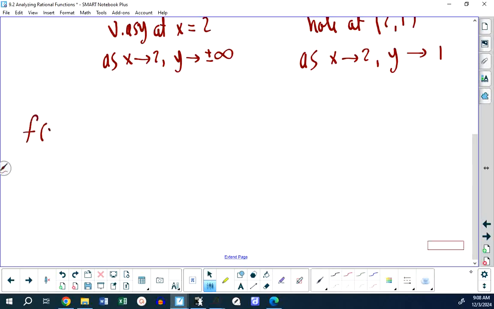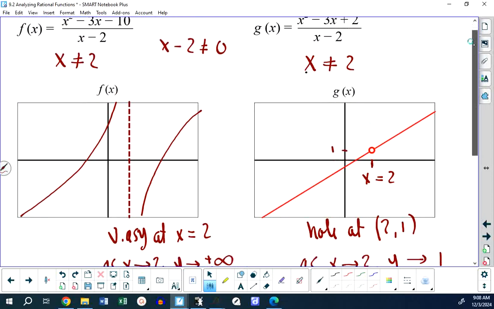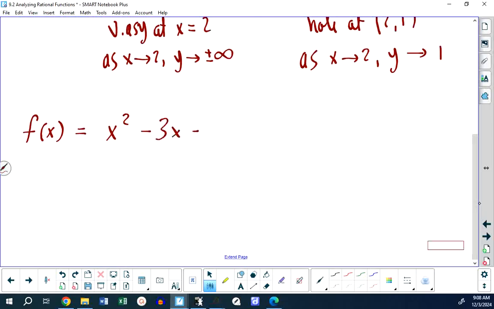So f of x is x squared minus 3x minus 10 over x minus 2. So what happens here? Are there two numbers that multiply to give negative 10 and add to give negative 3?